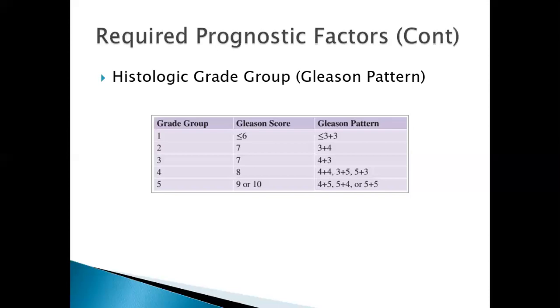So a reminder, if the clinical Gleason pattern is higher than the pathological Gleason pattern, you must use the clinical grade group to assign the pathological prognostic stage group. So this aligns with how we assign the grade in the grade data fields, okay?